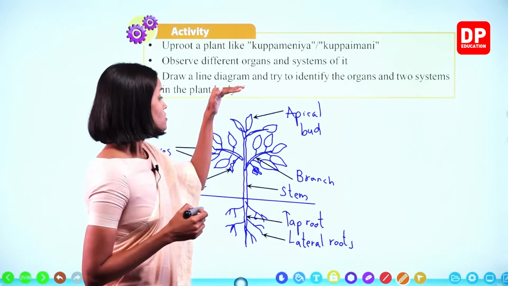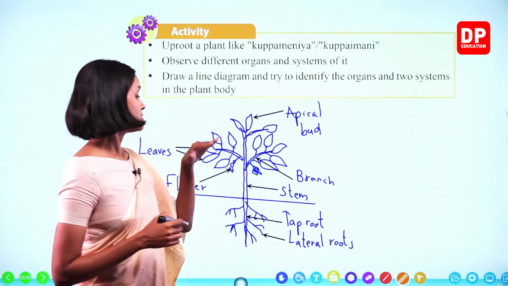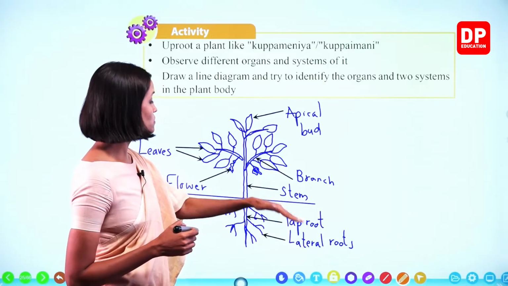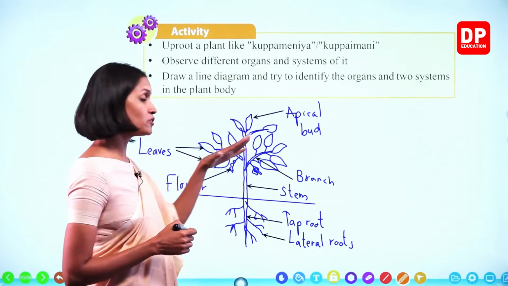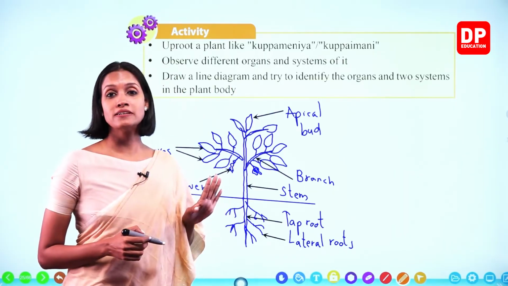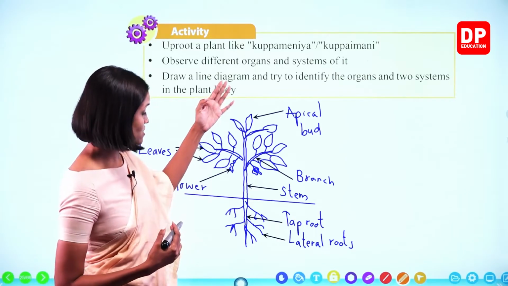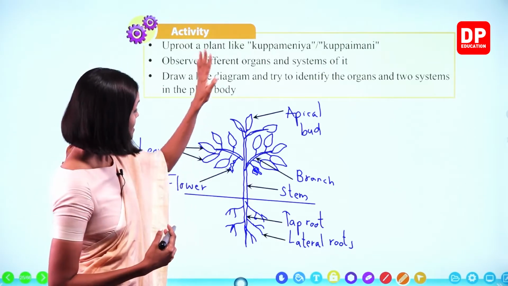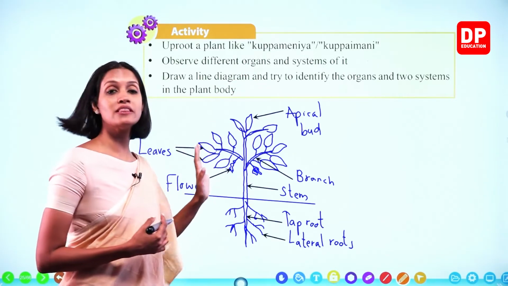Right, children? So now these are the organs of the plant. The taproot, lateral roots, stem, branch, apical buds, leaves, flower, they are all considered organs of the plant. So what are the systems, children? Remember, as I explained before during the lab, there are two main systems in the plant.